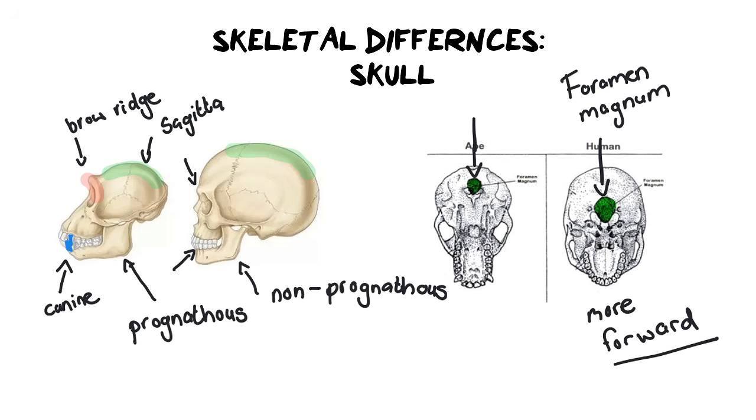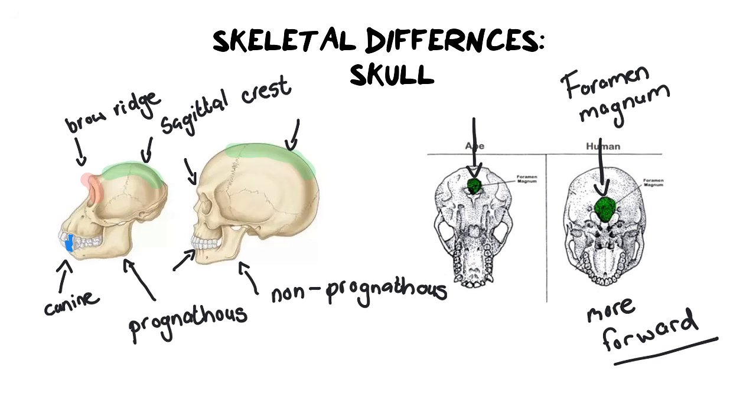Now, the sagittal crest did have a purpose in our ancestors and also in our cousins, and I'm going to touch on that when I go through the phases of hominid evolution in the next video. But we're actually missing it. The main reason is that this little extra piece of bone, which almost looks like a fin, is missing because our chewing muscles in our cheeks have gotten smaller because we cook our food. And so we don't need this extra piece to our skull to attach the muscle to.